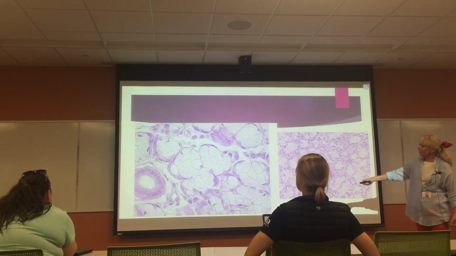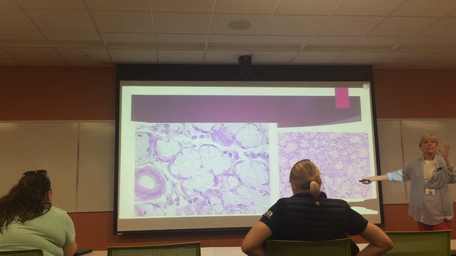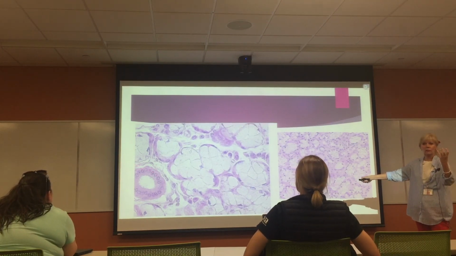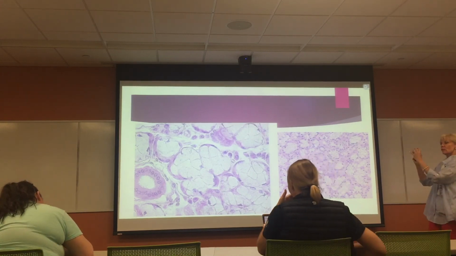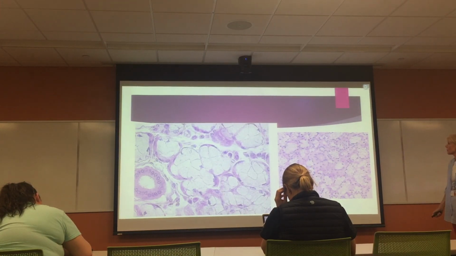And we can see a little bit of striation here, and there's more of the cell that you see. The nucleus is within the cell, whereas the intercalated duct has such a big nucleus in comparison to the intracellular space.